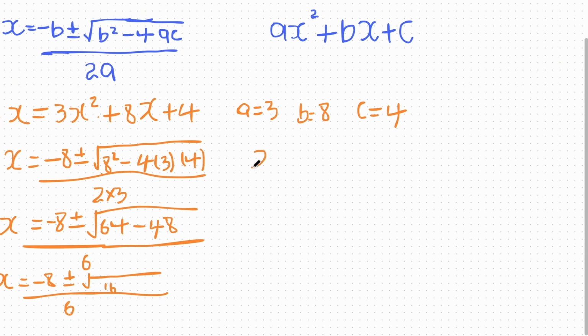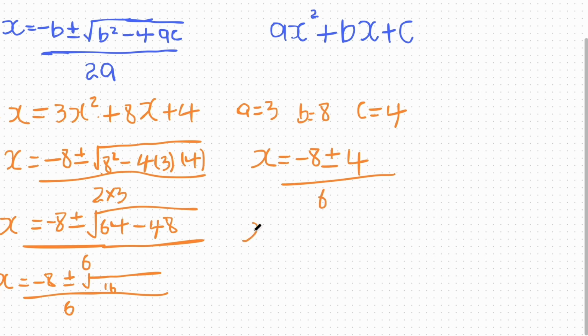Let's write over here, x is equal to negative 8 plus or minus, and the square root of 16 is what? 4, divided by 6. And let us now split up our equations.